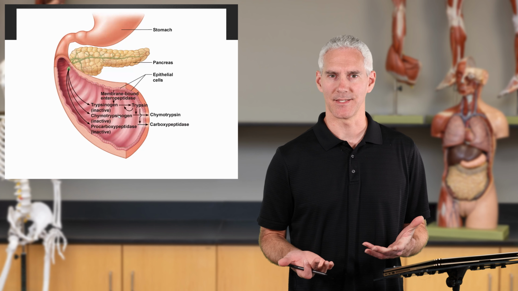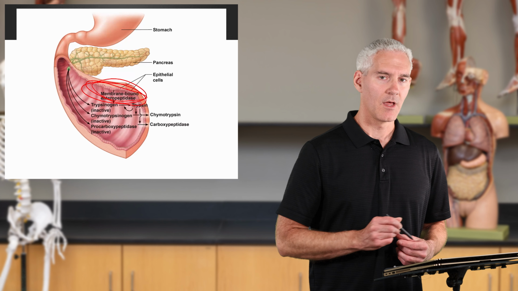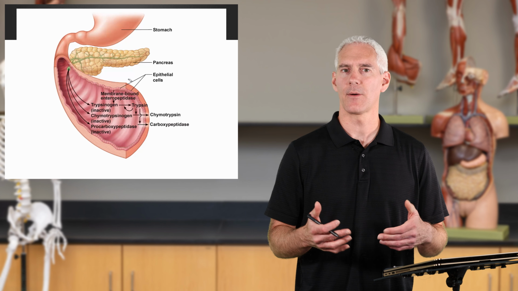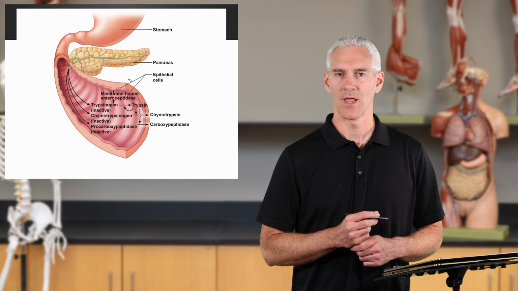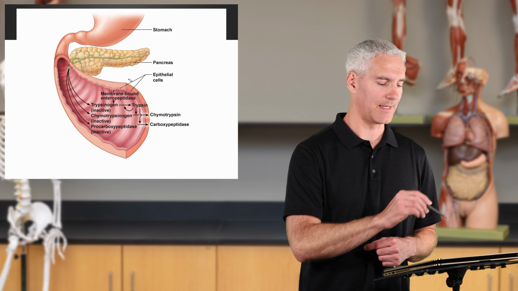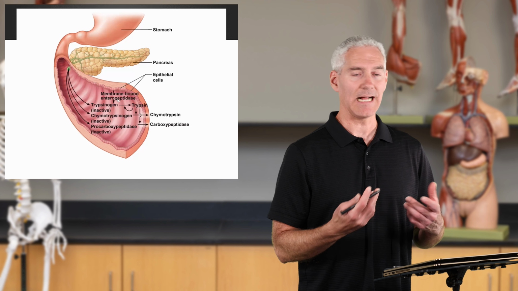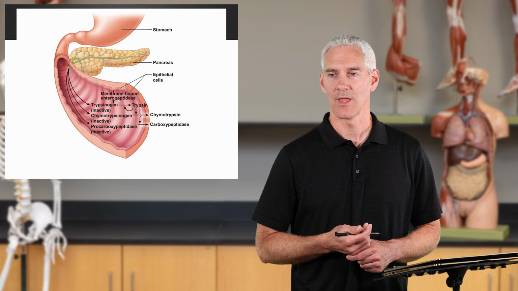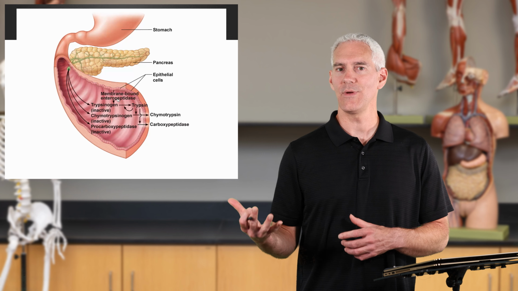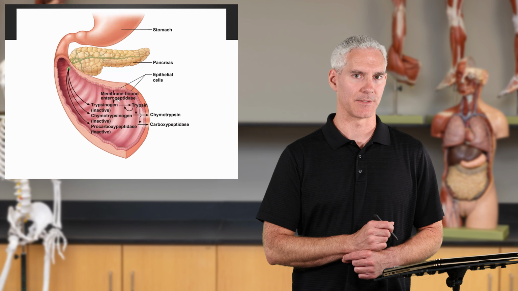So how do you activate these? Well, notice up here on the brush border, you're going to have membrane-bound enteropeptidase. Those are coming from the simple columnar cells. That membrane-bound enteropeptidase can activate the initial trypsinogen, which makes more trypsin. Trypsin is the active protease now. Once you have trypsin, it can self-activate the trypsinogen.